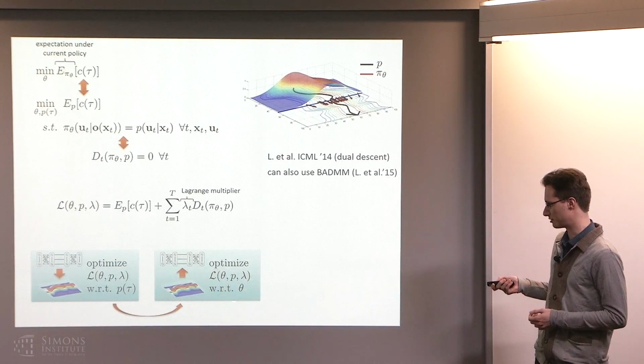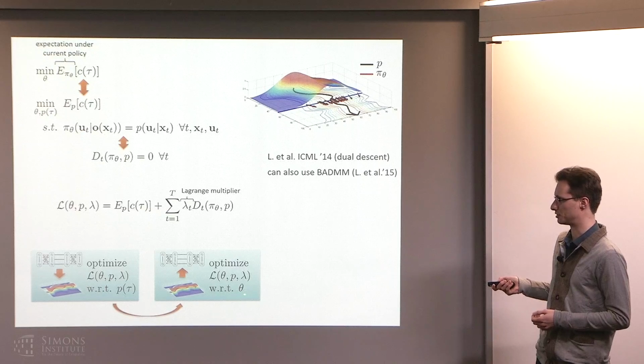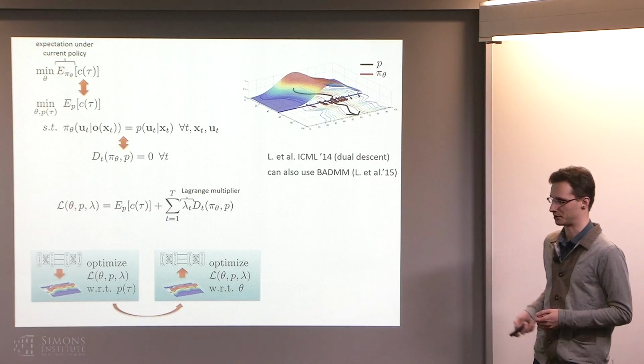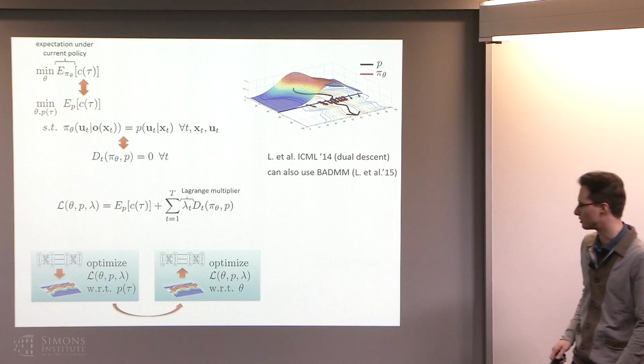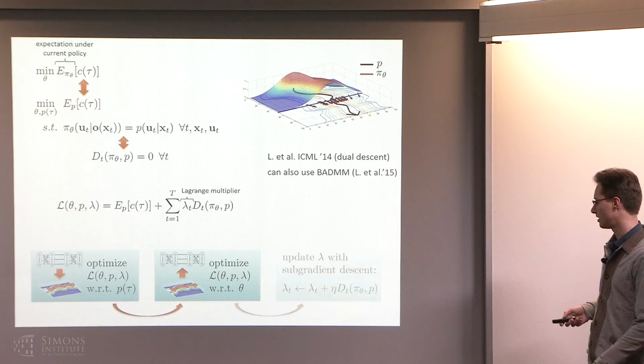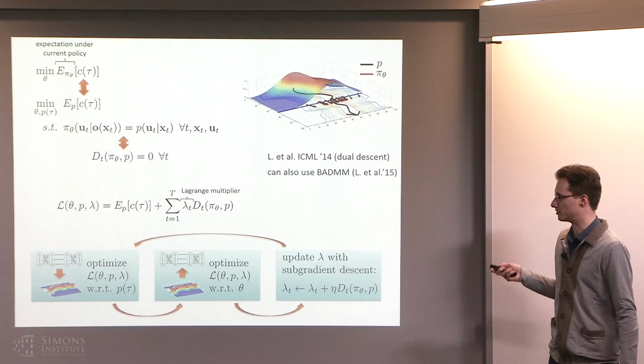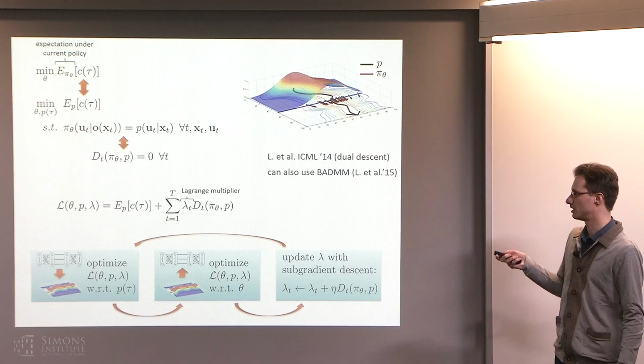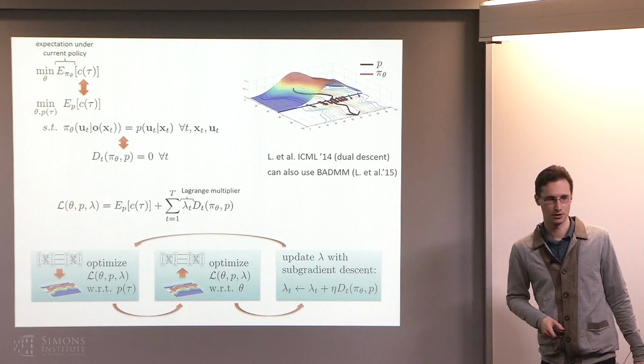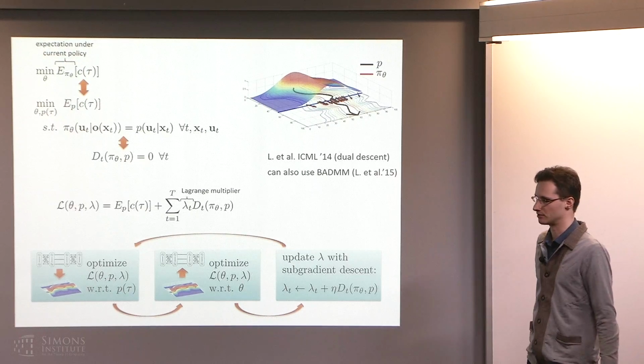Then you minimize with respect to the policy parameters, which is just supervised learning. It's basically minimize this divergence with respect to the policy parameters, with your favorite supervised learning method. And then you increment your dual variables. And then you can repeat this process, and that will drive this constraint to be satisfied, and therefore minimize the expected cost of your policy. So that's one way to do it.